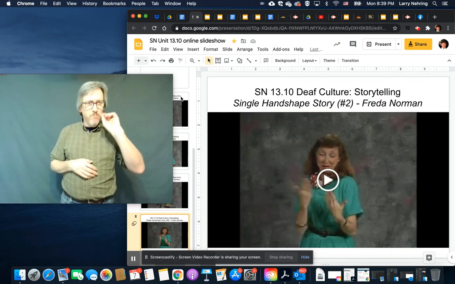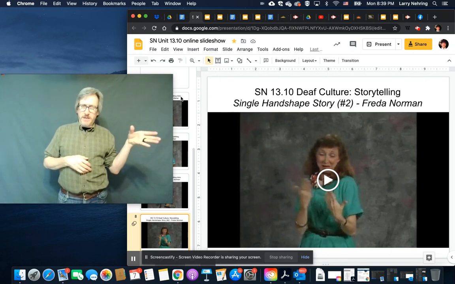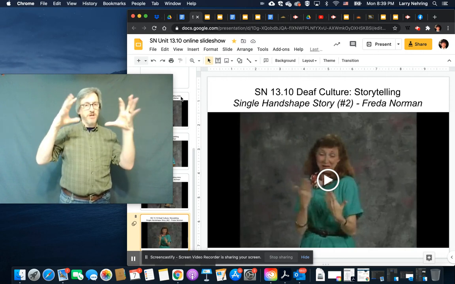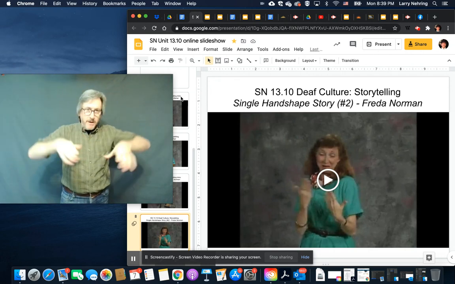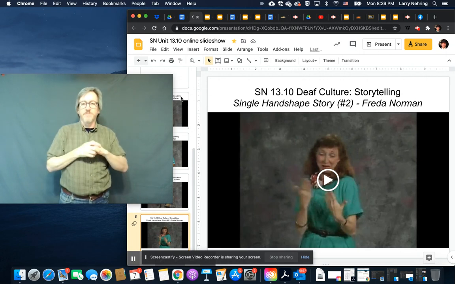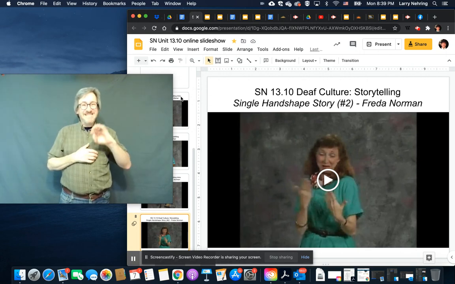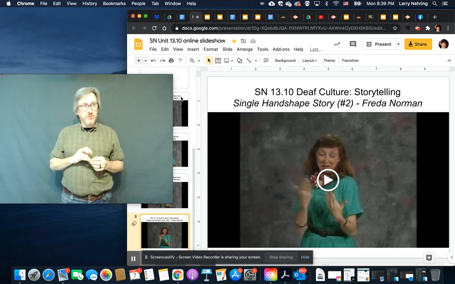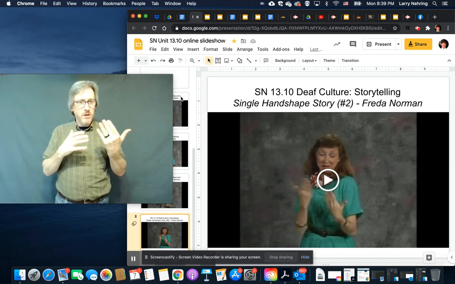You'll see her more in the next unit in 16 when we're talking about using classifiers to describe shapes like tubes and bottles and vases and things like that. She's going to do a single hand-shaped story. And as I say, there's a lot that goes into these stories.